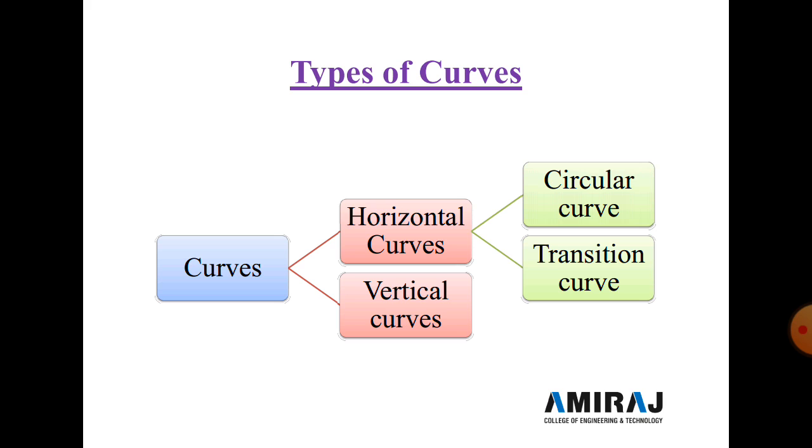So what is a horizontal curve? A horizontal curve is one type of curve which turns the straight line in a horizontal direction, like left side or right side. Clear? And a vertical curve changes the height, moving from a downward direction to an upward direction, so it is a vertical curve.